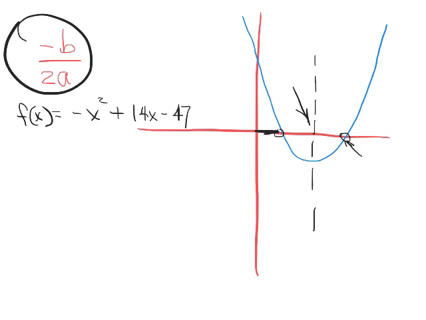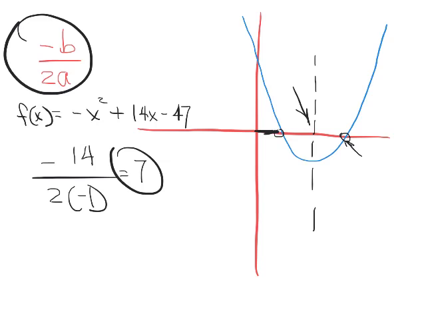So I do that, and my b is 14, over 2 times negative 1, which is negative 14 over negative 2, which is 7. So that point where my axis of symmetry is and my vertex is, I came over 7.